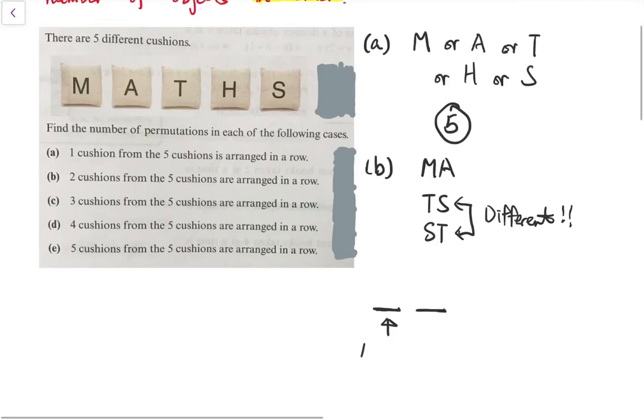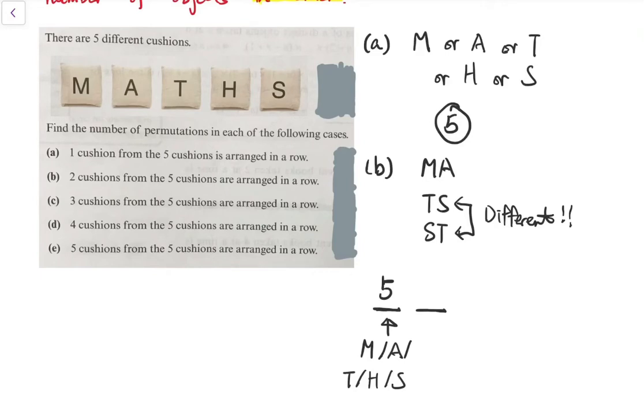You can arrange the M, or the A, or the T, or the H, or the S. So for the first one, you get 5 choices. Like what you have learned in session 10.1, this is the first step.